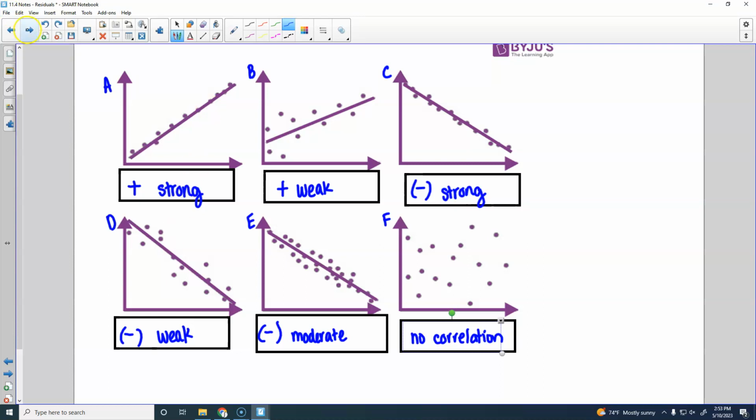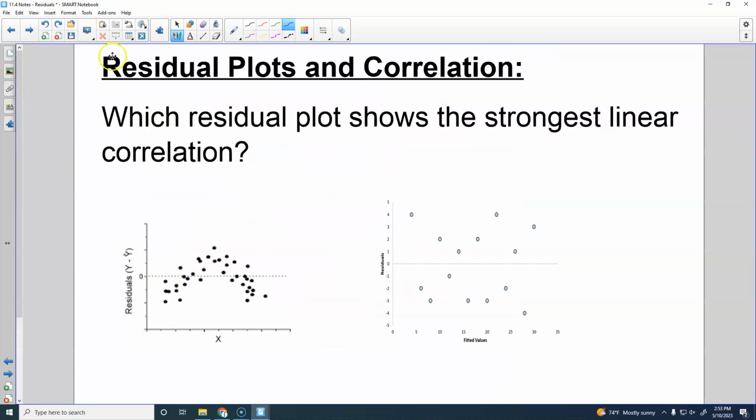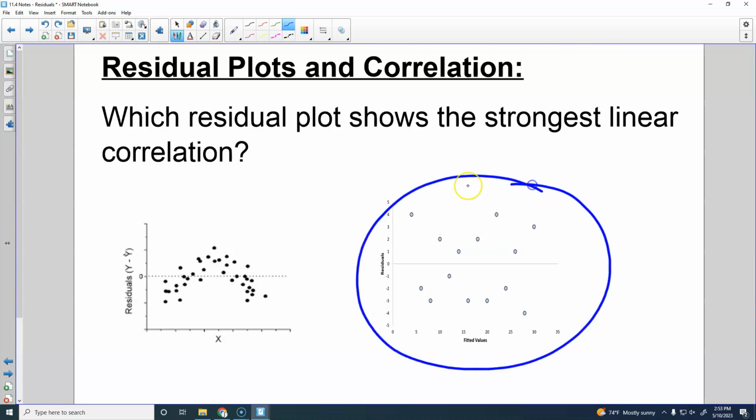All right, so let's talk about residual plots and correlation. Okay? So looking at these two right here, which one of these would show a stronger linear correlation? I disagree. This one. Okay, now let me tell you why.